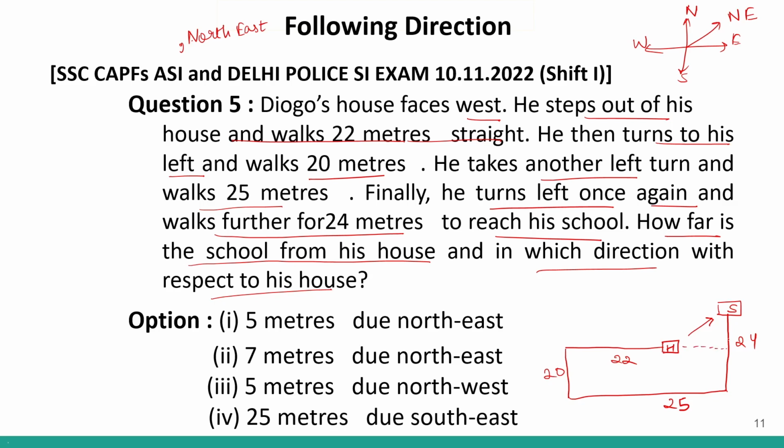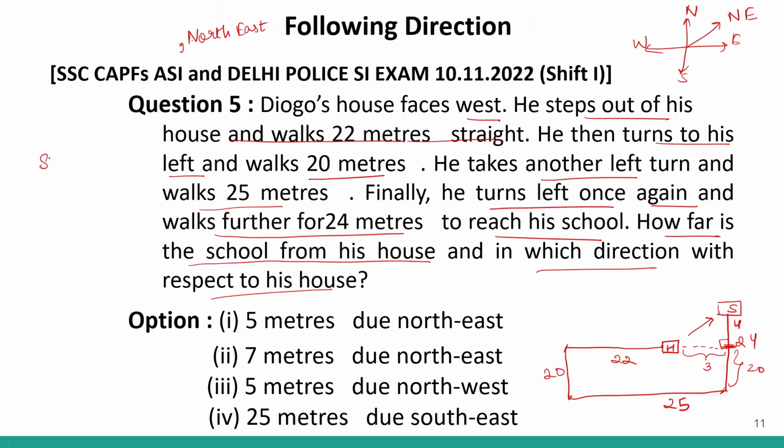Now, the question also asks how much. So let us make a right angle triangle for Pythagoras theorem. If this is 20 and this is 24, that means this much will be 4. Similarly, if this is 25 and this much is 22, that means this much will be equal to 3, right? So let us use the Pythagoras theorem.